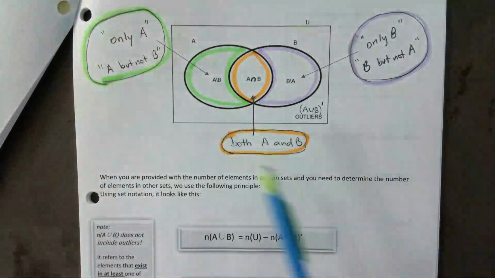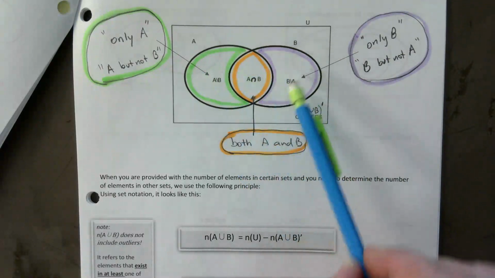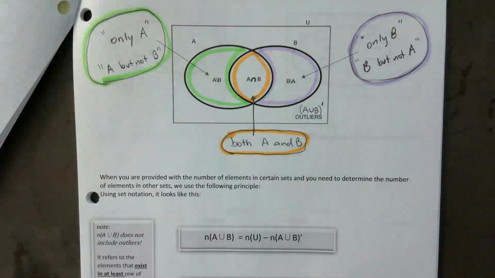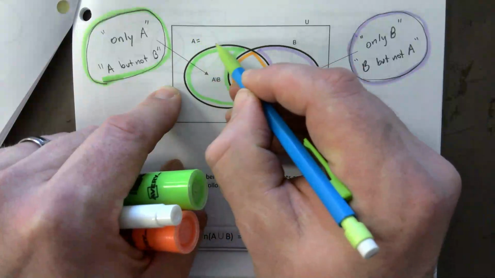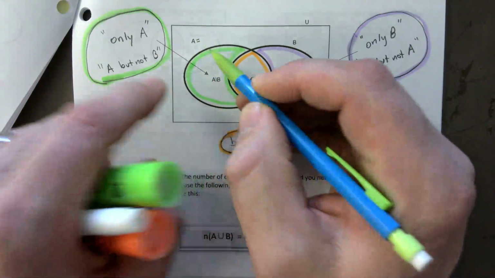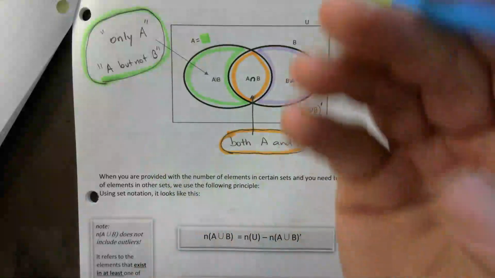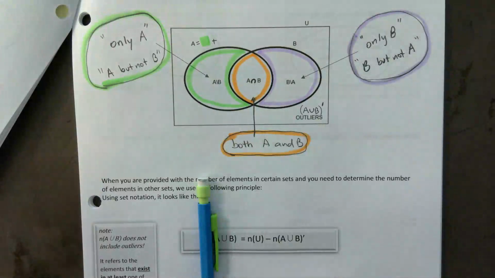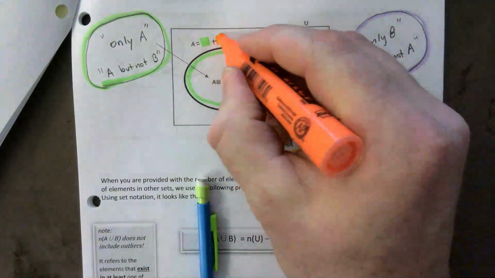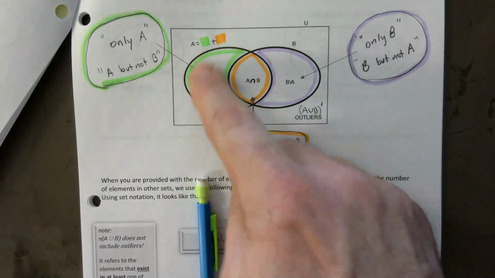Knowing the breakdown here, we know our outliers, the middle, and we know how to refer to every section. If I wanted to put a number here, the number of elements, I have to add the green plus the orange section. It's very important. Some students think that A is immediately just the crescent.